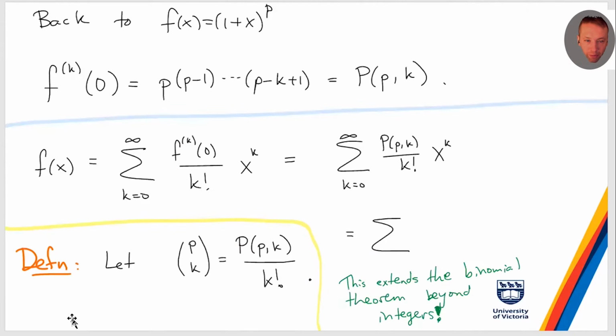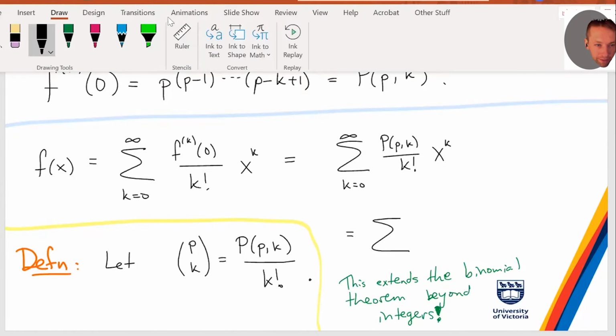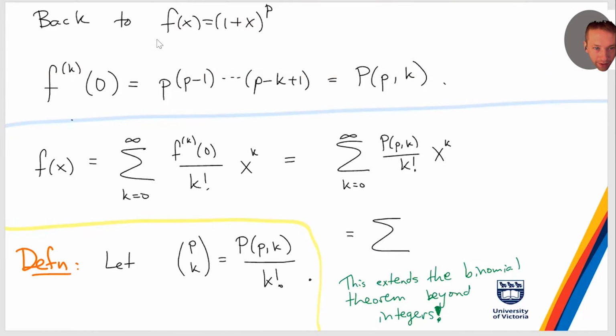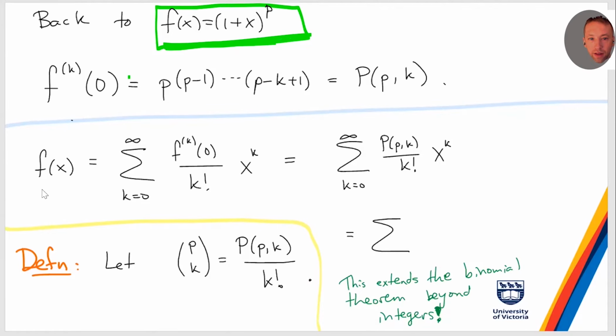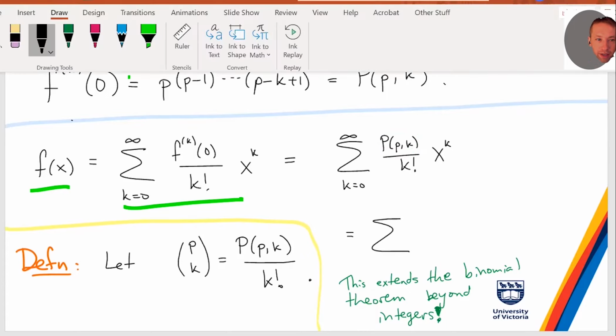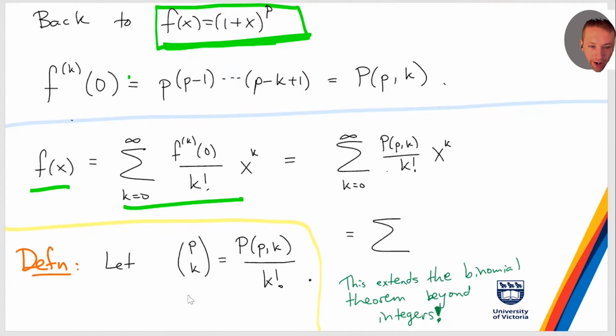So what we've proved then is that if f of x is equal to this for some p, then you can rewrite it using the Taylor expansion. And what we've said is that the numerator is equal to P(p, k) by definition. That's how we define P(p, k). And I define the ratio P(p, k) over k factorial to be p choose k, where p is not an integer.